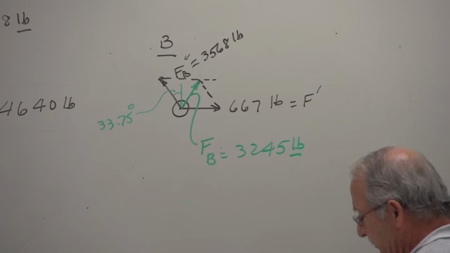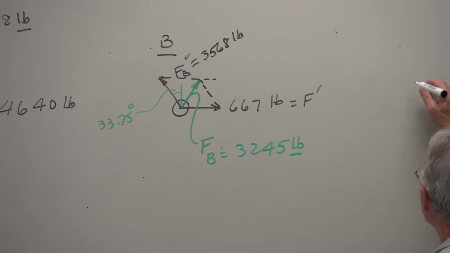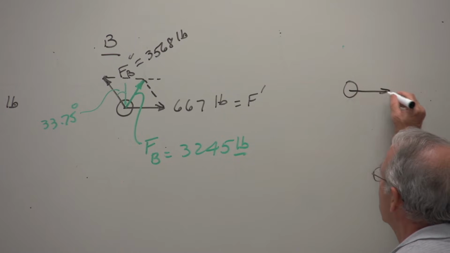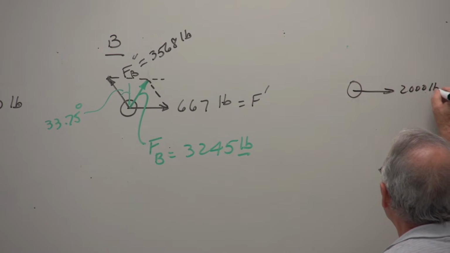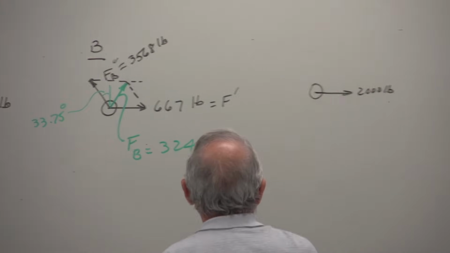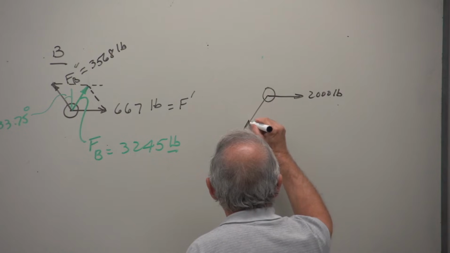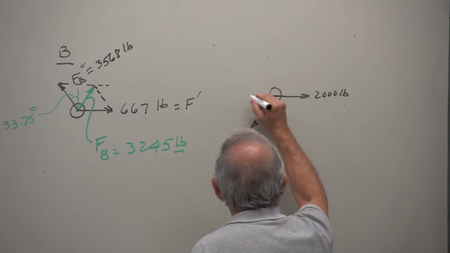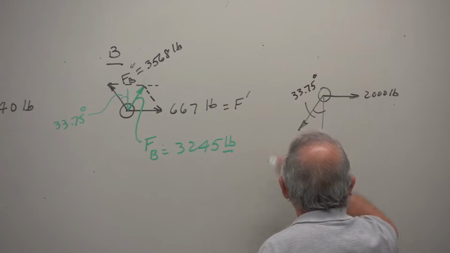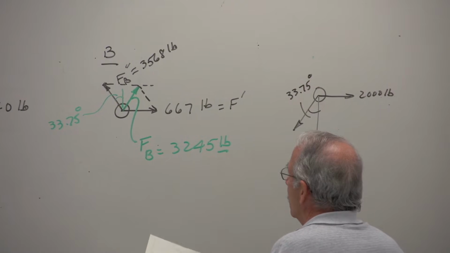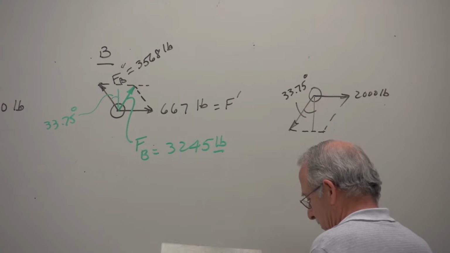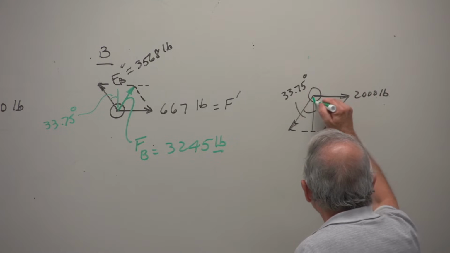Taking a look at C, we have a force like this, 2,000 pounds. And then the other one is like this. Again, that angle is 33.75. Again, you must add those two to get FC.